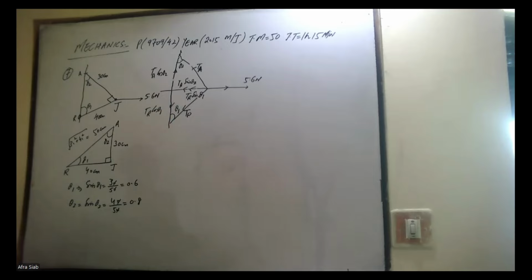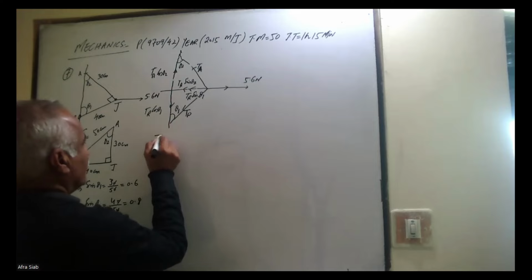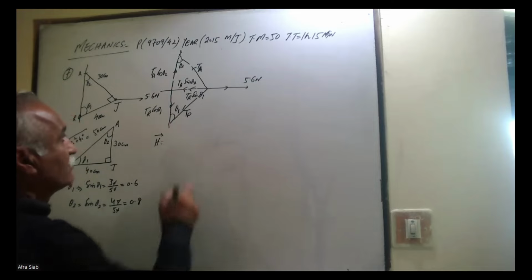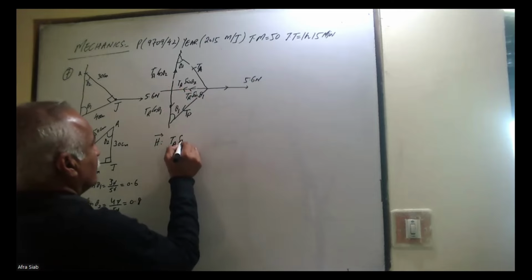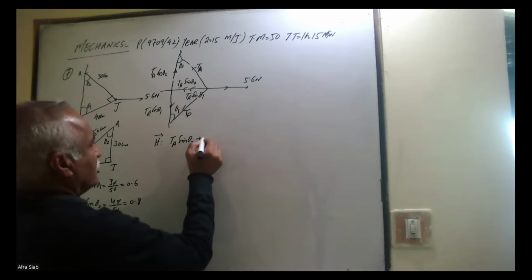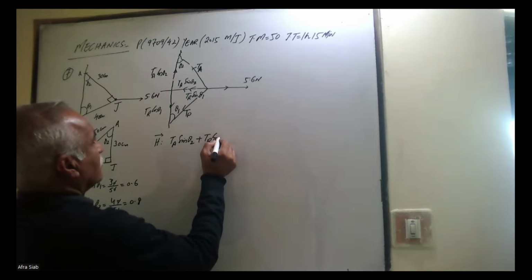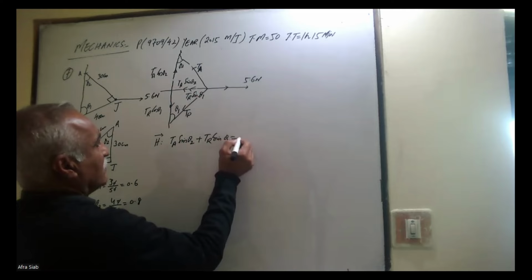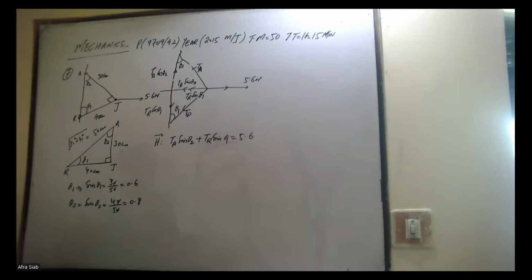Since the particle is in equilibrium, all horizontal forces are balanced. The horizontal force is TA sine theta 2 plus TR sine theta 1, and that is equal to 5.6, because the rightward forces are balanced by the leftward forces.